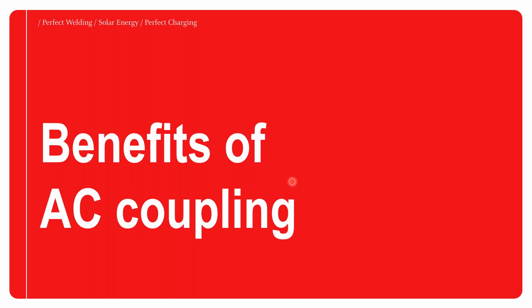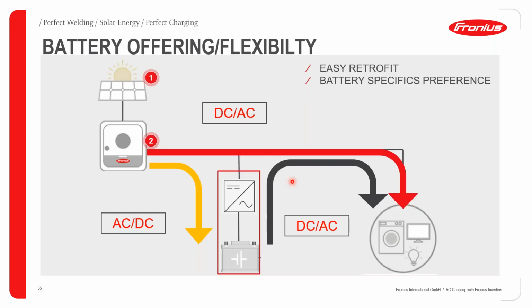So of course, let's take a look at the benefits of AC coupling. For AC coupling, it's easily retrofittable, meaning that since the battery is not connected directly to the PV, you have the flexibility of connecting different kinds of battery to this particular system. So you're not actually restricted, because to connect a battery directly to the hybrid inverter, first off, it has to be a hybrid inverter.